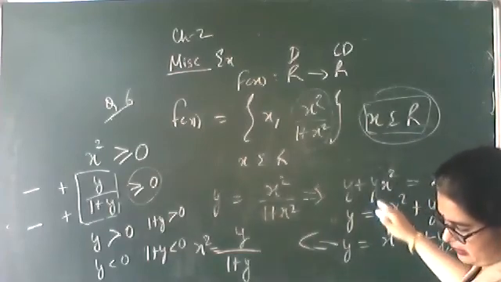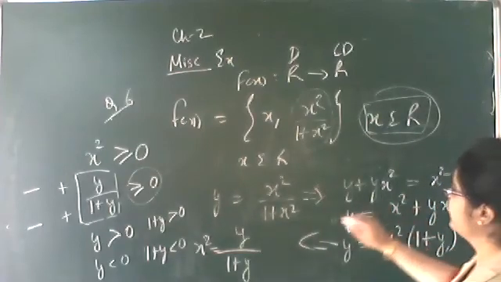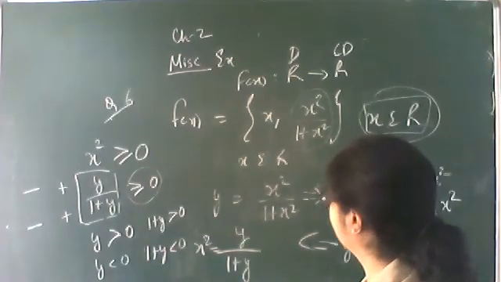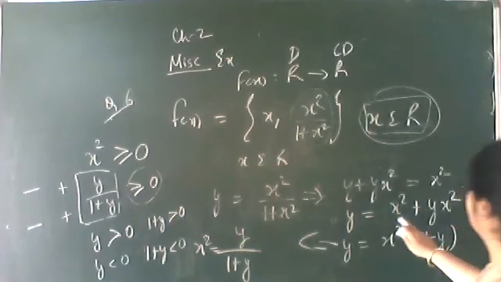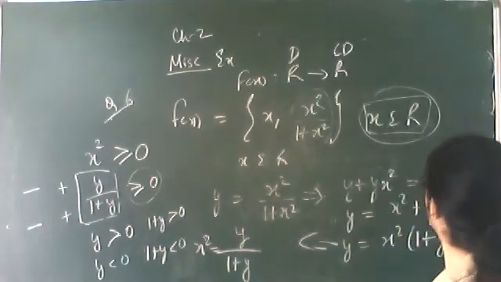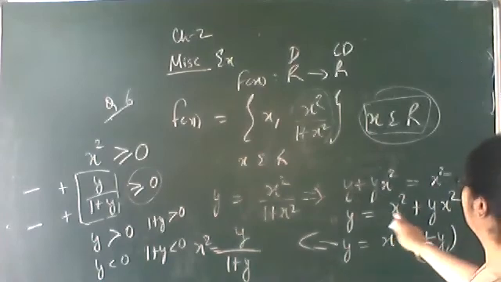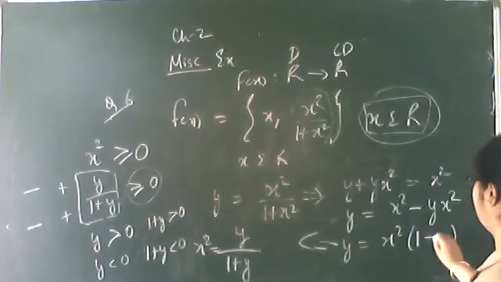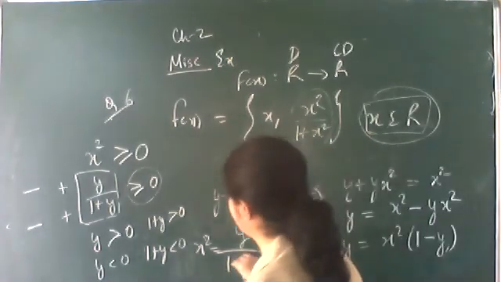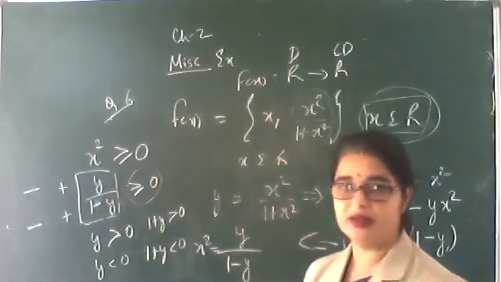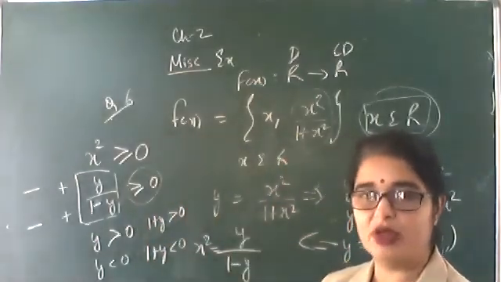It's the same, no? Just see. Ma'am, y is equal to x square minus yx square. Second step of the equation: y plus yx square is equal to x square. So y is equal to x square. Okay, okay. Minus, minus, then also it hardly matters. Only the symbol was different.